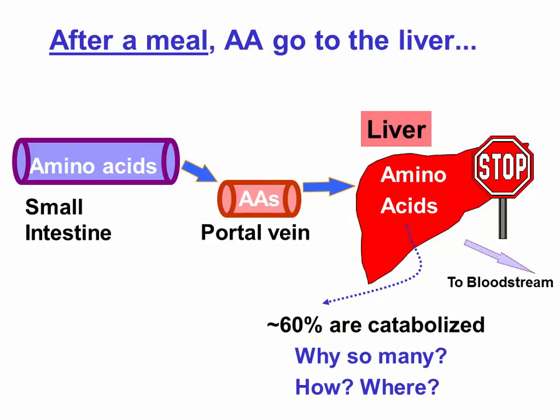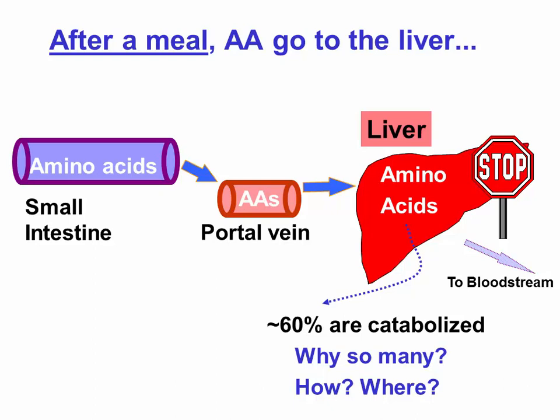So first of all, we're going to talk about after a meal. Right? What happens after a meal? Amino acids from the proteins that you've now digested because you have a low pH in the stomach and you've activated pepsin, and all these other things that went along with that, pancreatic and intestinal enzymes, et cetera. The portal vein comes from the gut, right, and delivers a lot of amino acids.